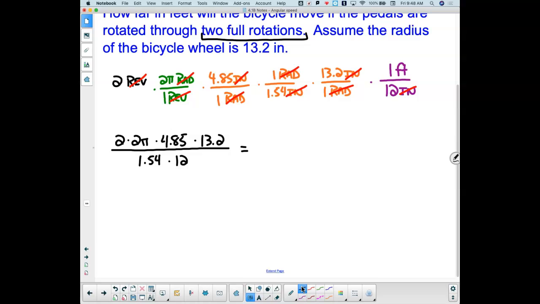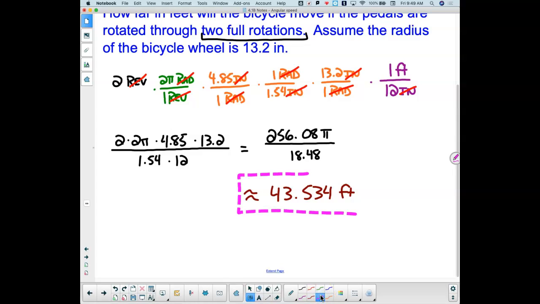If I do all that multiplication, that's going to be 256.08 pi divided by 18.48, which is going to give me approximately that the bike moved 43.534 feet. How many decimals do you want to go through? 3.